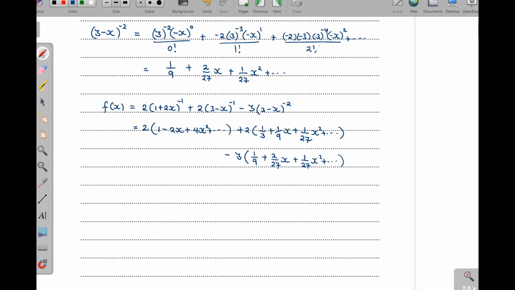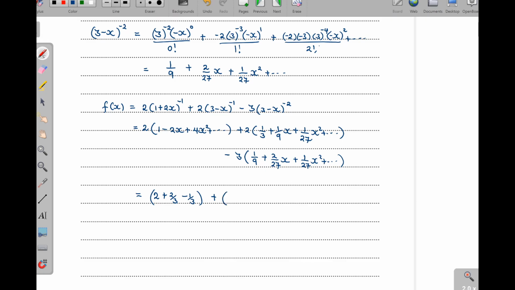So what are we going to do? Let us get the constants. Okay, this is 2, we will multiply with a 1, so that will be a 2. Are we there? Then this 2 will multiply with a third, so we shall have 2 out of 3. Then this minus 3 will multiply with 1 over 9. So that one will give us negative 1 over 3. So that is the constant part.